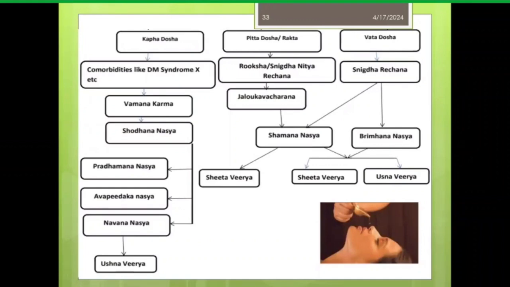In that condition, Navanasya is indicated. In the plan of treatment, in case of kapha dosha involvement, Ushnavirya Dravya only has to be used. In case of Pitta dosha involvement and Rakta involvement, Ruksha and Snigdha Nityarechana is the first line of management. Ruksha and Snigdha Nityarechana may be understood as the administration of Avipatti Churna.